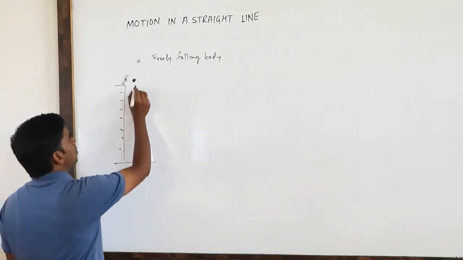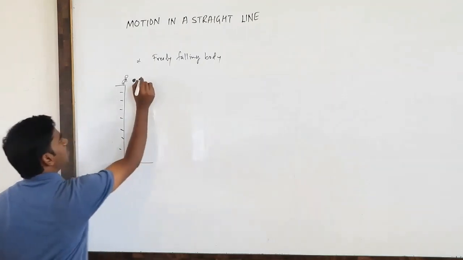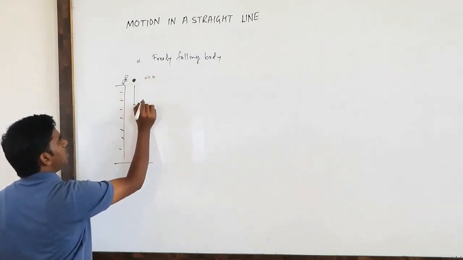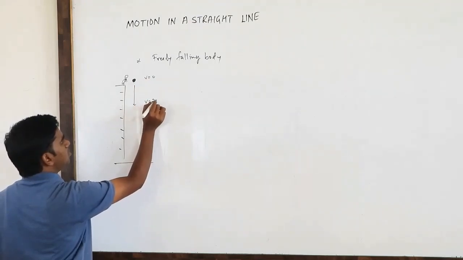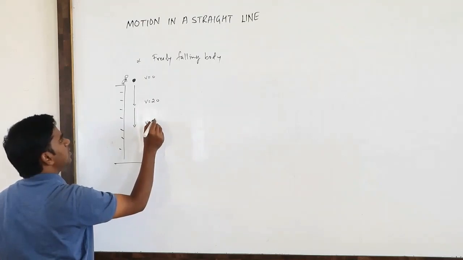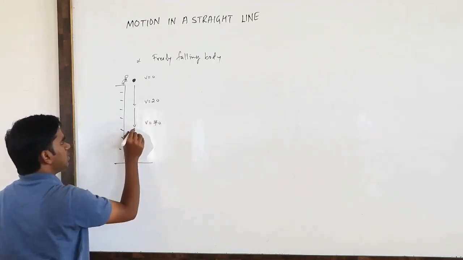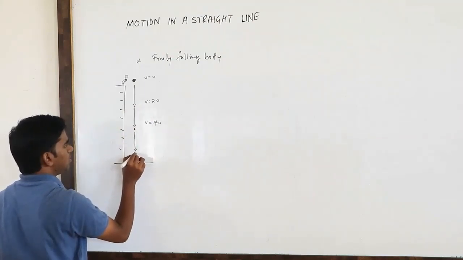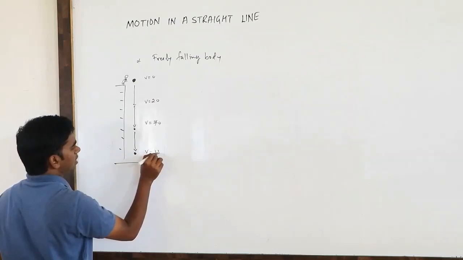Now here, say velocity is 0. When it comes here, velocity will become say some 20. When it comes here, velocity may become some 70. Here, near the ground, velocity may be some 150.